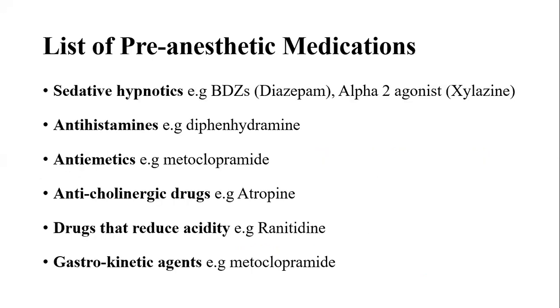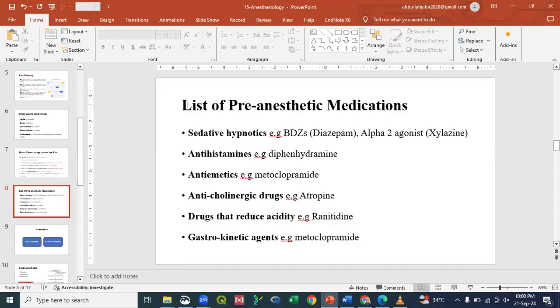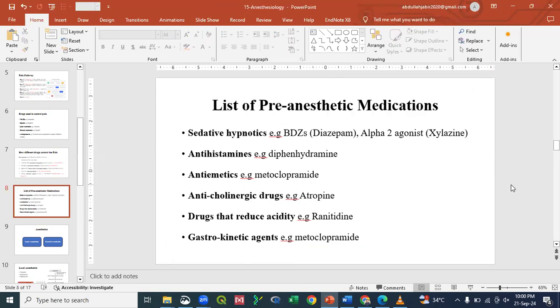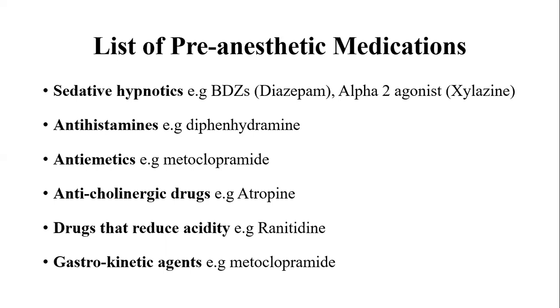Then the next topic is the list of pre-anesthetic medications. Doctor, you would have heard the words anesthetics and pre-anesthetics. The drugs that are used to induce and maintain anesthesia are known as anesthetics, and any drug that is used before the anesthetic is known as a pre-anesthetic. You would have studied somewhere that there are many complications that can happen during surgery.